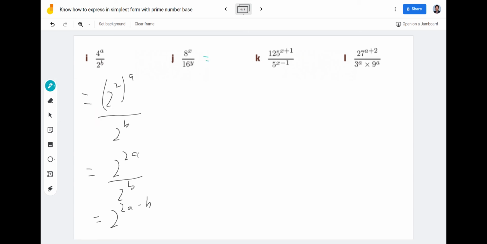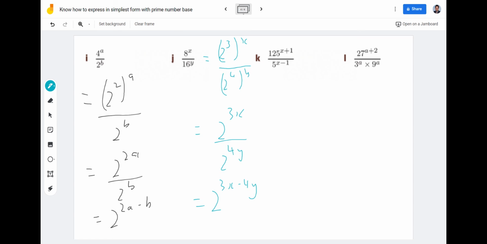This one, 8 and 16, let's do them as powers of 2 because we want them as prime number bases. 2 to the power of 3x over 2 to the power of 4 times y equals 2 to the power of 3x over 2 to the power of 4y. And because we're dividing, we subtract. 3x take 4y.